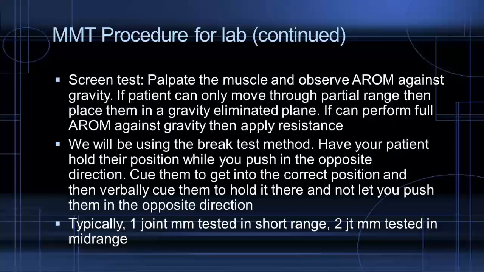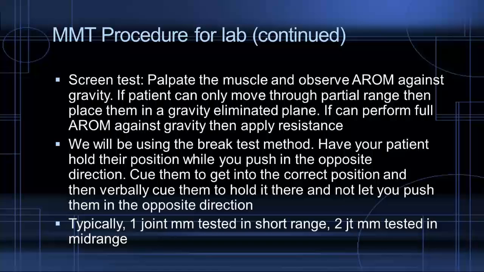Anyway, we'll talk about different cues. But mostly what I say is hold your arm there and don't let me push it down. Or don't let me move your leg, or something like that. So typically, we're going to test a 1-joint muscle in a short range. And a 2-joint muscle, we're going to be testing it in mid-range.